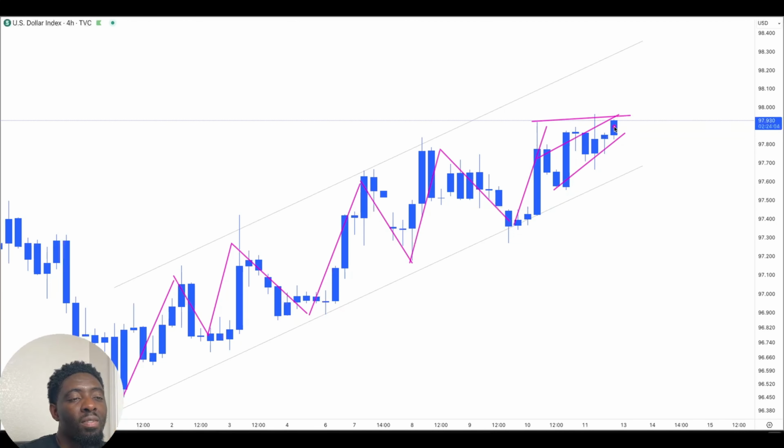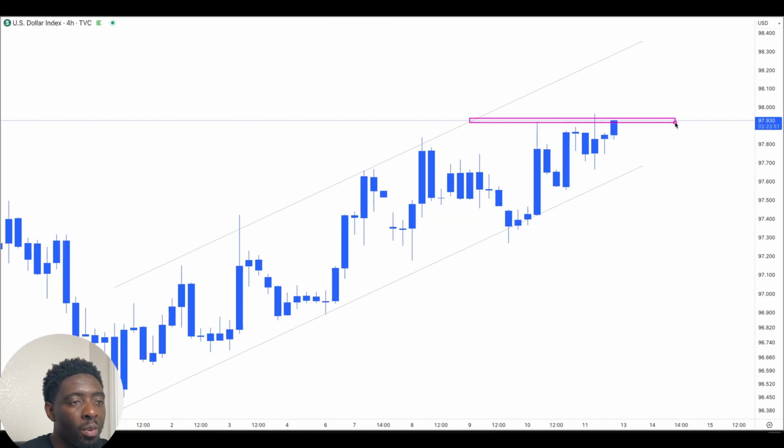And that's why I said if the DXY keeps moving to the upside, so if we go through this area right here, then we could see prices testing this piece right here. But an inability for prices to go through this area, then you could see the DXY crashing, taking out this piece right here. So those are areas you could see the DXY testing.